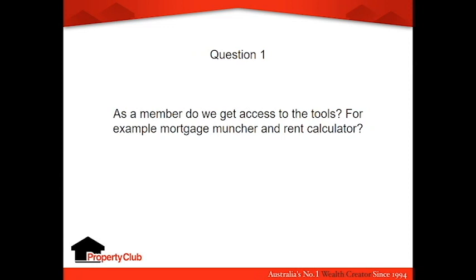These are really valuable tools and really powerful as well, and it is best used by a property expert who is your property mentor or branch manager. So with that in mind, your property mentor or branch manager will sit down with you to go through as many permutations and options as you need with the Property Club toolbox, and you would have seen the screenshot that I showed last time. There's about 12 tools in there, and you can go through with that one-on-one.